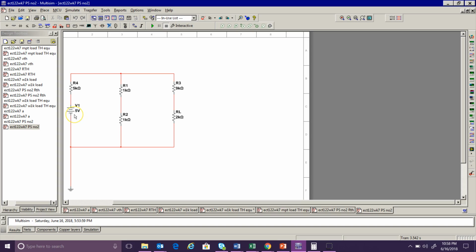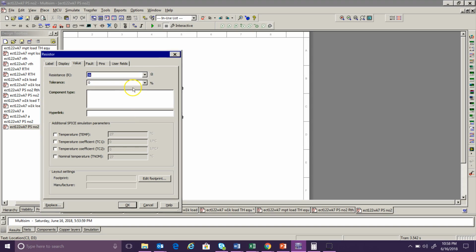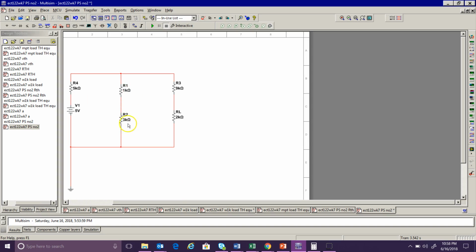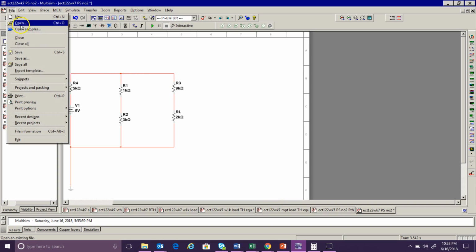We've got a 5-volt supply, and it's in series with the 5K ohm resistor. And then over here we have a series combination and another series combination, but in that series combination is our load. So what we want to first do is solve for the Thevenin voltage.